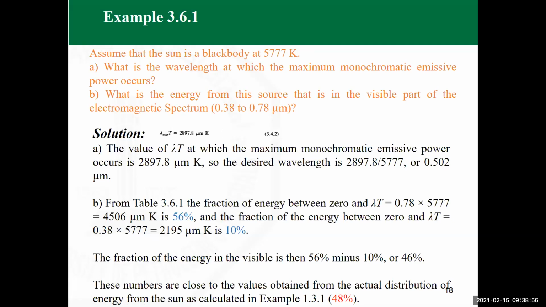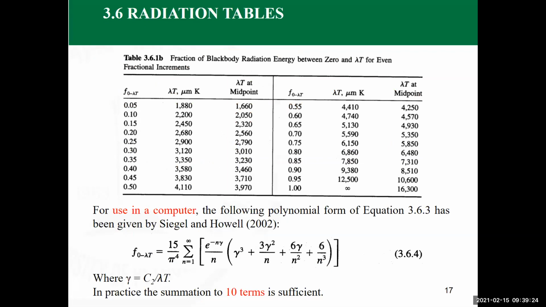At 0.38, this is lambda, but the table has lambda T. So we have to multiply the 0.38 by 5,777. You can get lambda T, and then you can get the corresponding value of that ratio. And then multiply the 0.78 by 5,777 and get the corresponding value of F from 0 to lambda. And then the difference between them is your fraction. Let's get back into the table and see here.